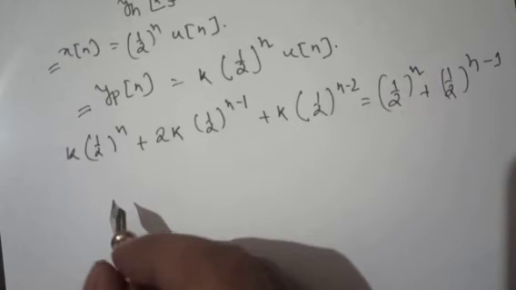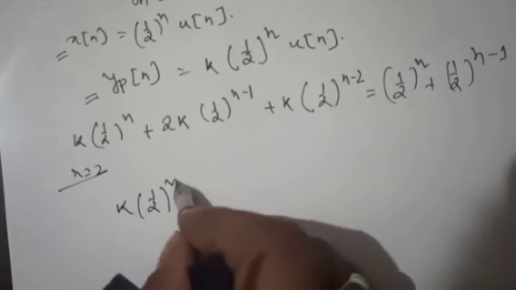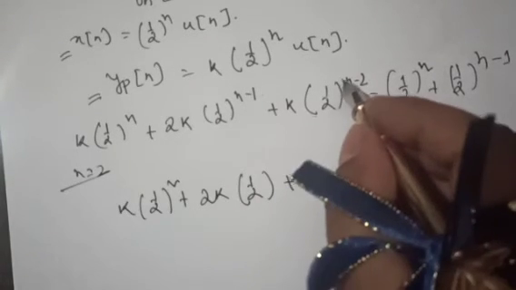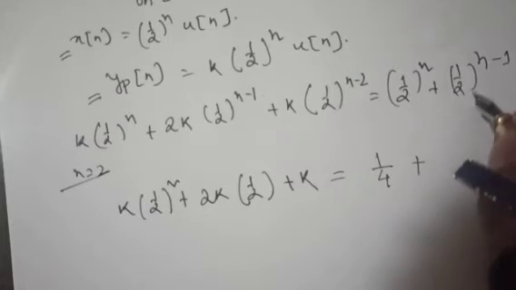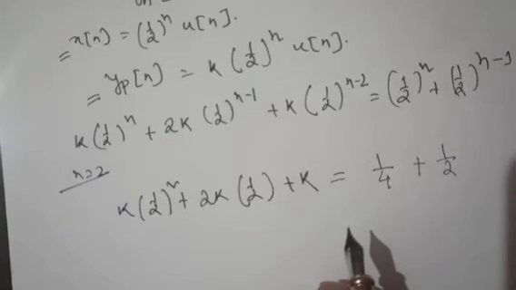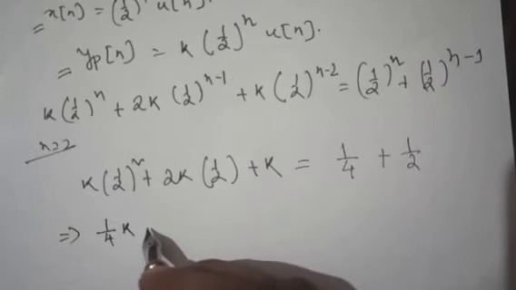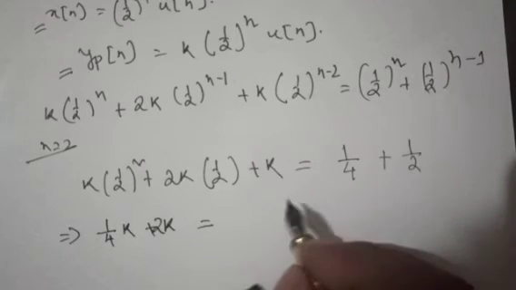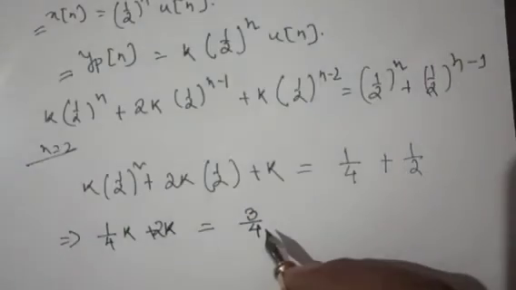For n = 2, it will be k(1/2)^2 + 2k(1/2)^1 + k(1/2)^0 = (1/2)^2 + (1/2)^1, that is 1/4 + 1/2. So 1/4 k + k + k, that is 9/4 k, equals 3/4.